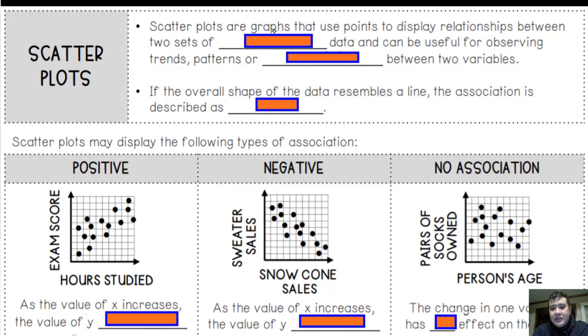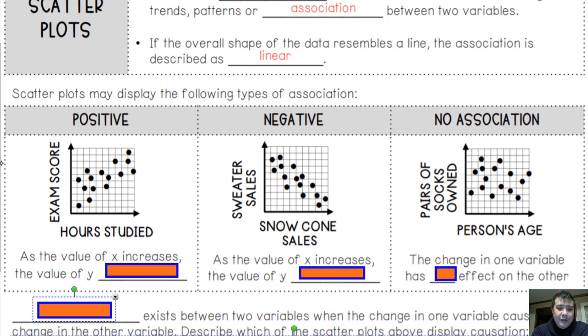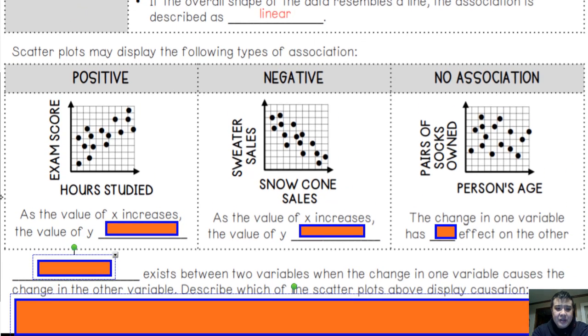Scatter plots are graphs that use points to display relationships between two sets of numerical data and can be useful for observing trends, patterns, or associations between two variables. If the overall shape of the data resembles a line, the association is described as linear. Scatter plots may display the following types of association.